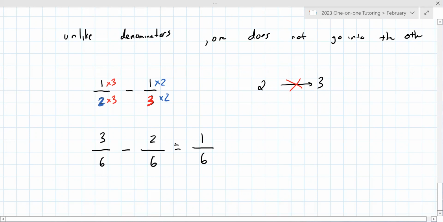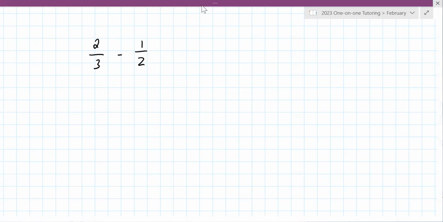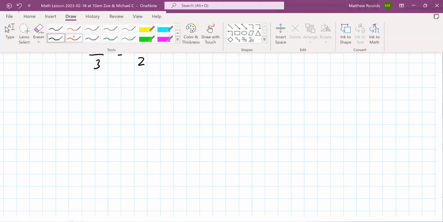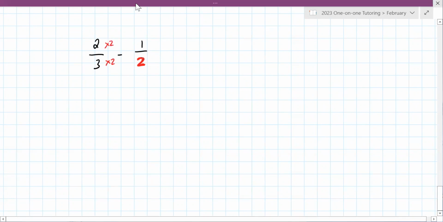Let me know when you get all this down. I got it all down. Okay, so let's say we want to do something like 2/3 minus 1/2. Notice that it doesn't matter whether one number's 2 or one's 3. You're going to always take that other number and you multiply the other fraction by it.